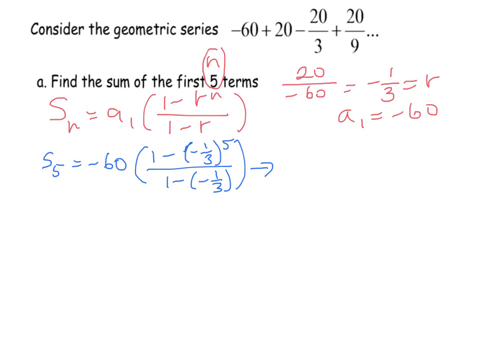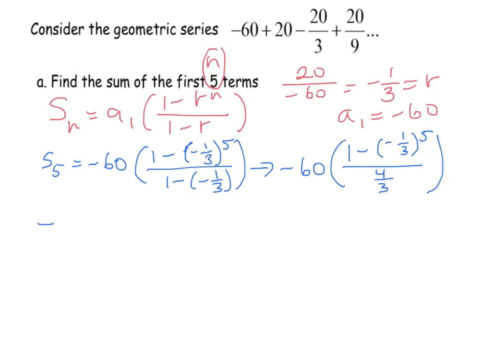So then I have negative 60 and 1 minus negative 1/3 to the 5th divided by 4/3.